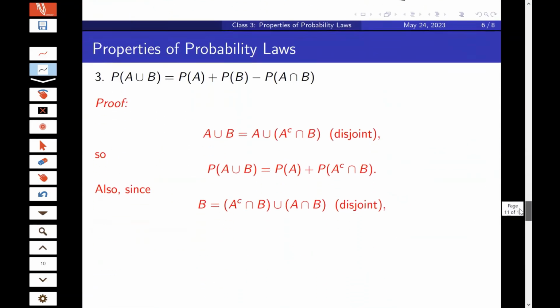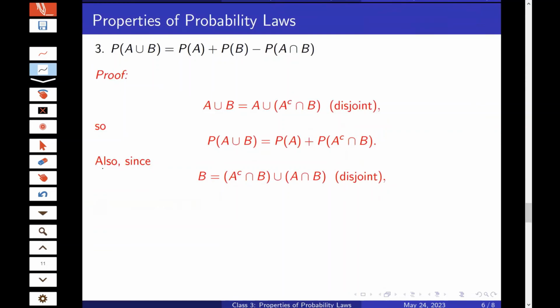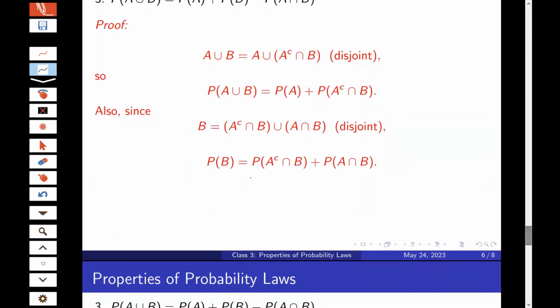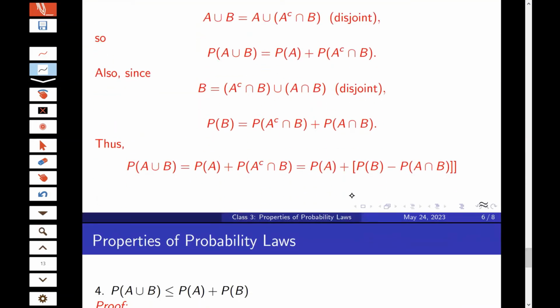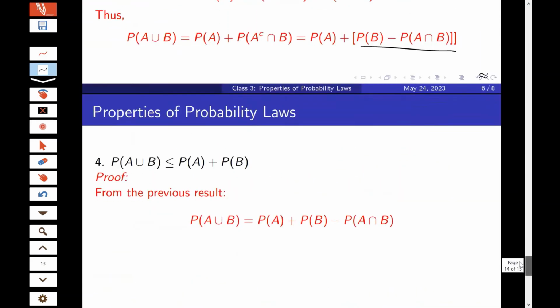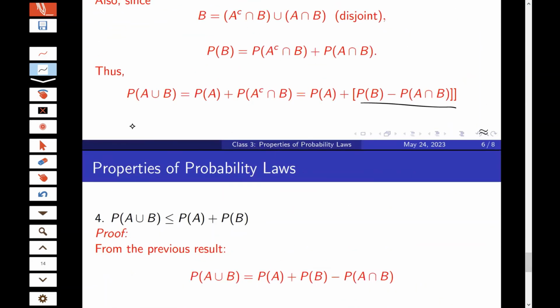That's how you end up with the proof. So since we have these results from property 2, we can write P(B) equals P(A complement intersection B) plus P(A intersection B), and then plug it here. So then you end up with P(A union B) equals P(A) plus P(B) minus P(A intersection B).